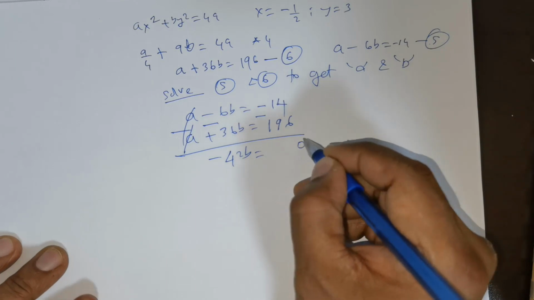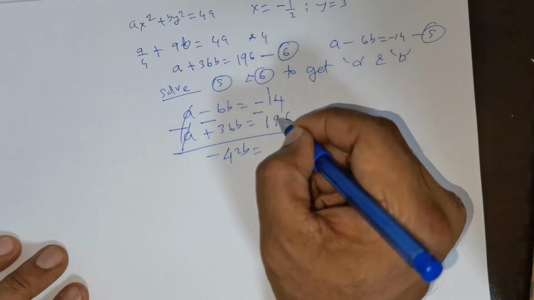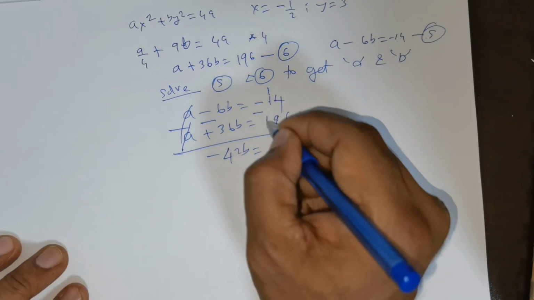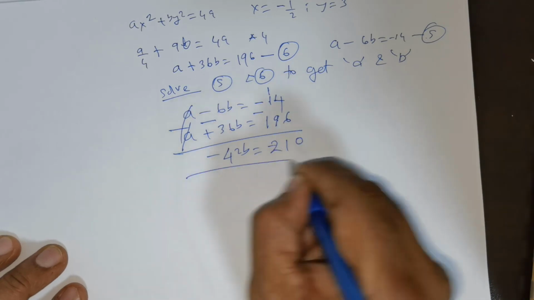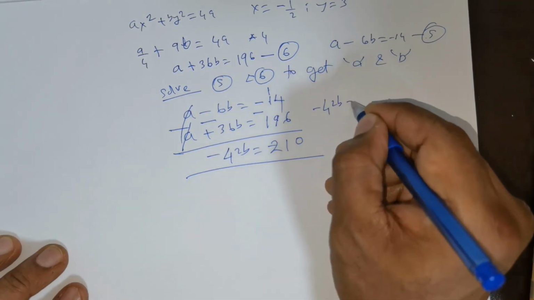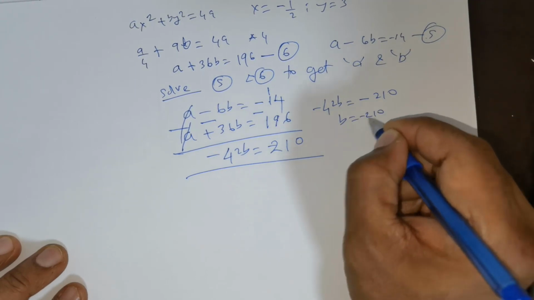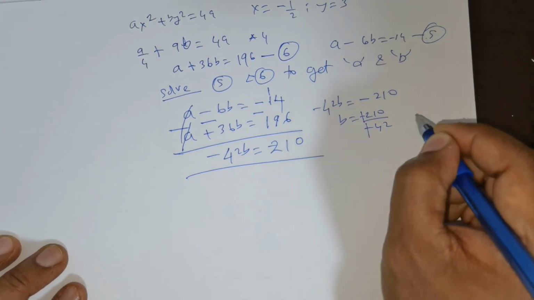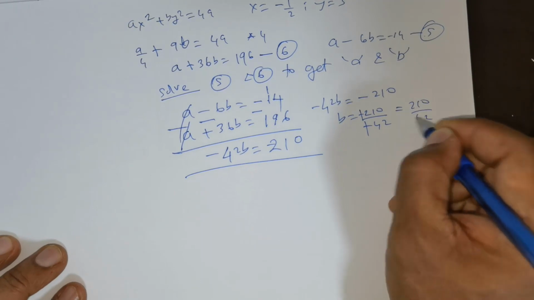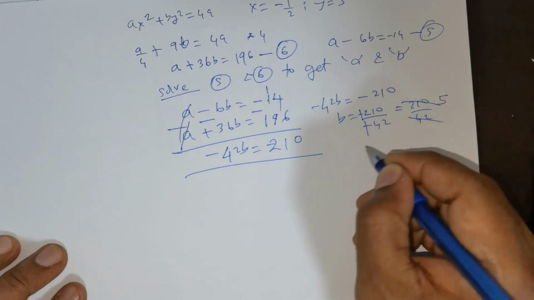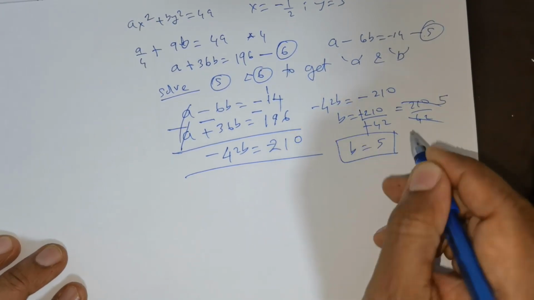Therefore negative 42b is equal to negative 210. Therefore b is equal to negative 210 divided by negative 42, which means 210 divided by 42. 42 divides 210 5 times. So b is equal to 5.